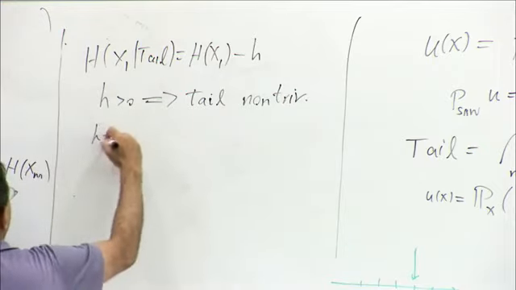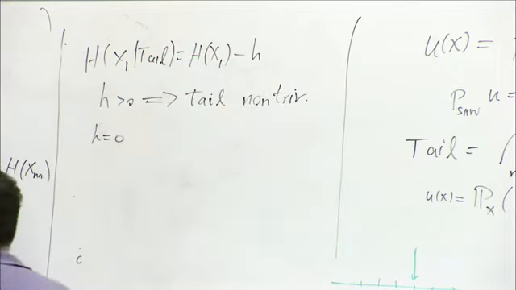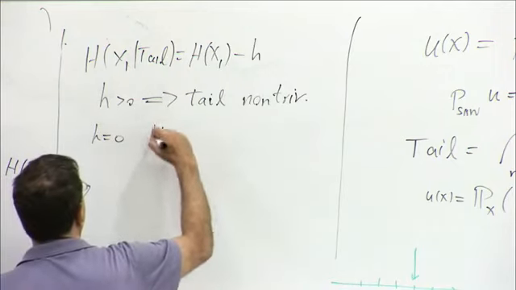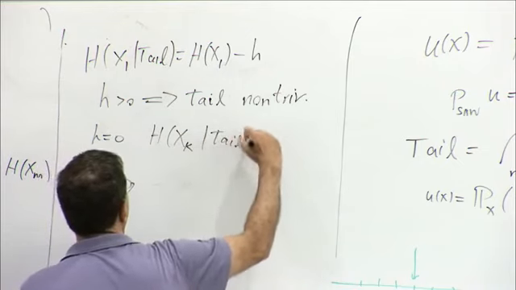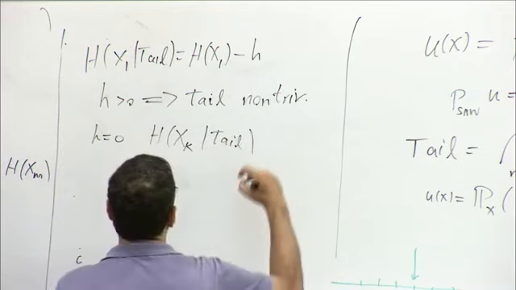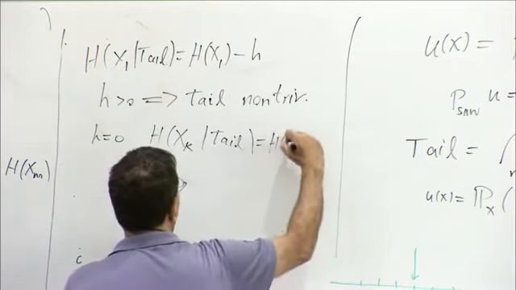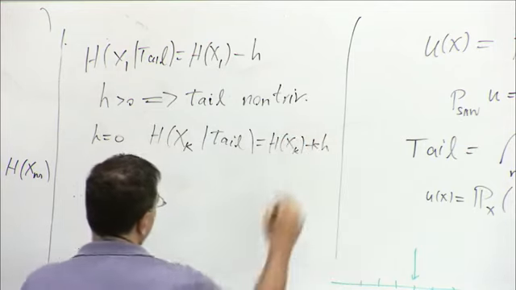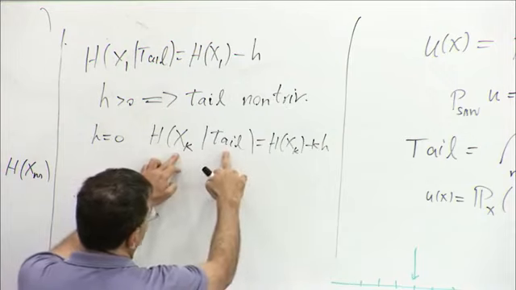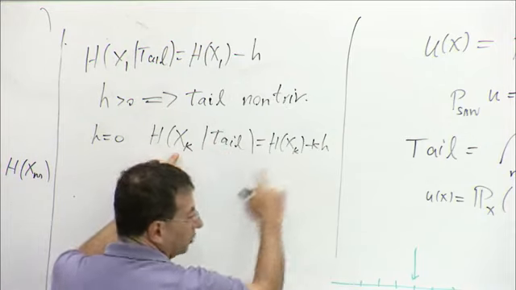Now if h equals 0, then we can use the same thing for k. Then we can write h of xk given the tail. The same, if you just use that identity there, you get that's h of xk minus kh. So if h equals 0, h of xk given tail is just h of xk.